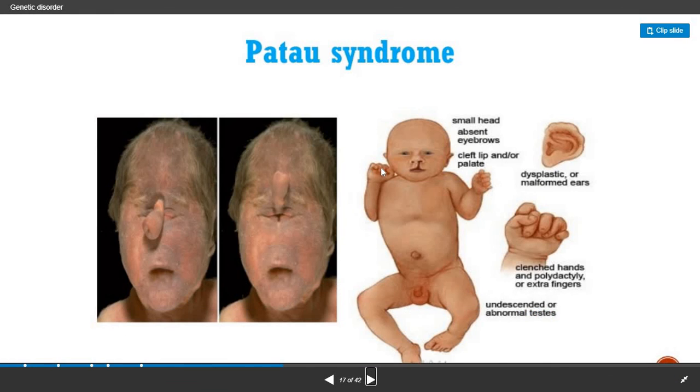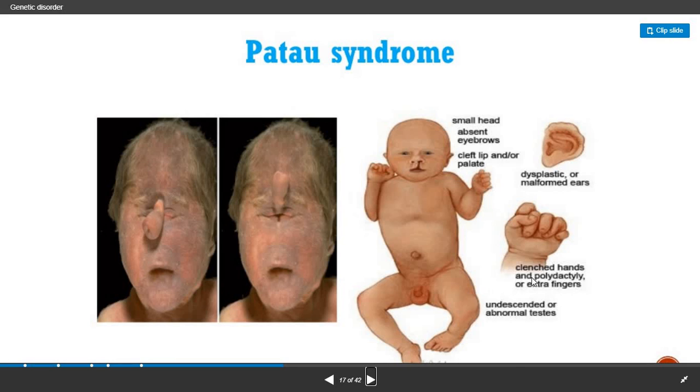Here you can see other defects: small head, absent eyebrows, no eyebrows are there. Cleft lip, meaning a split you can observe in the lip. Ears are not well developed, they are attached to the skin only.